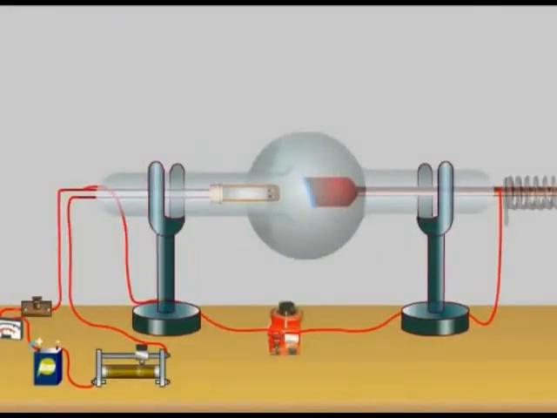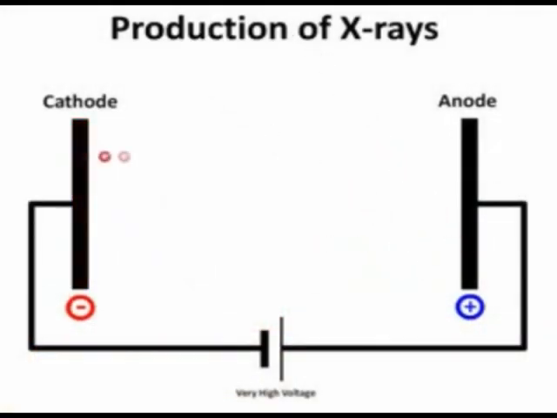Artificially, X-rays are produced in X-ray tubes. This occurs due to electron transition between the energy levels of heavy elements, usually excited by electron bombardment. It can also be argued that X-rays originate from the action of a beam of fast-moving electrons hitting a metal target.